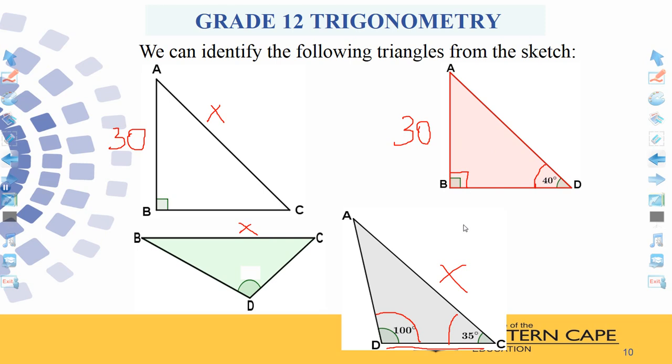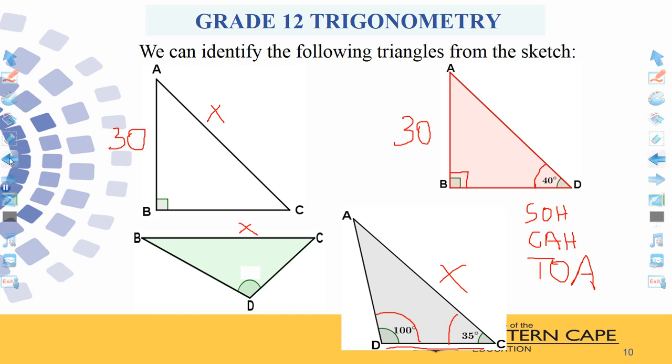So I can simply use trigonometric ratios, SOH CAH TOA, any of those. I must decide which one is going to suit me so that I solve my problem ultimately.